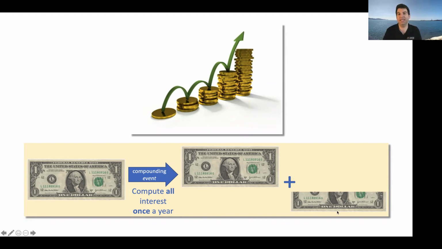You don't get to spend that fraction of a dollar till the end of the compounding period. For simplicity, we're saying till the end of the year, but it's as if it's always potentially there. So it's like the whole year, you've got this potential slice of a dollar that you could use, and you don't actually get allowed to use until the next year.